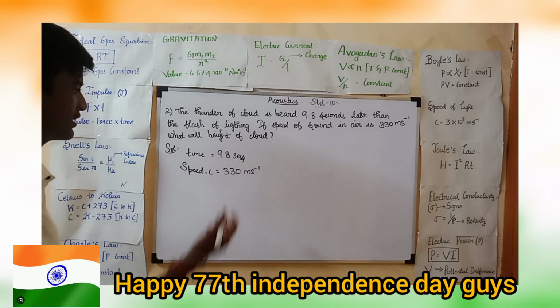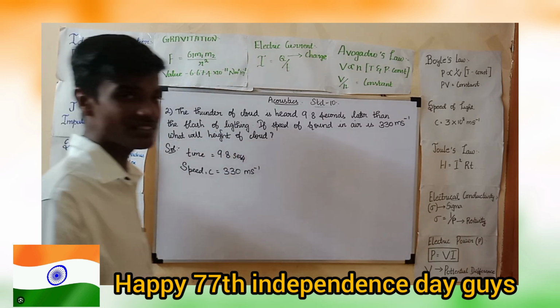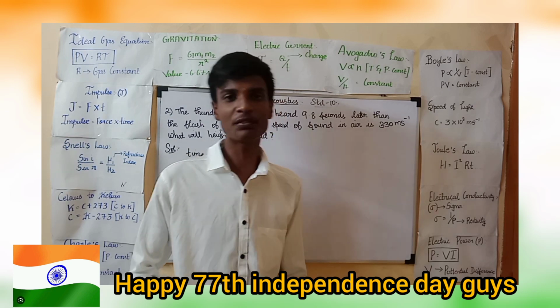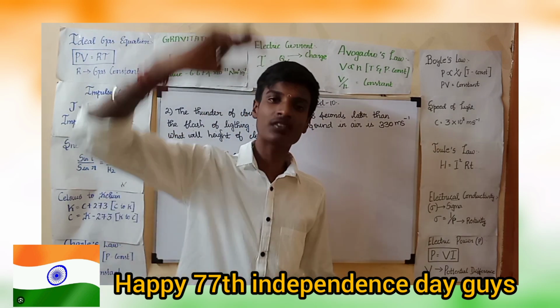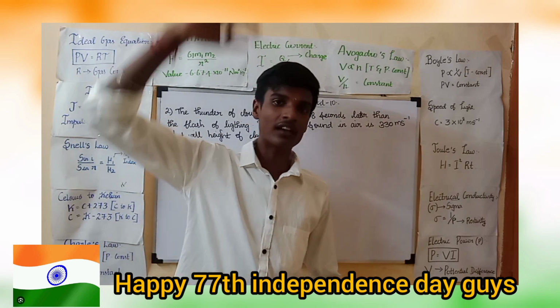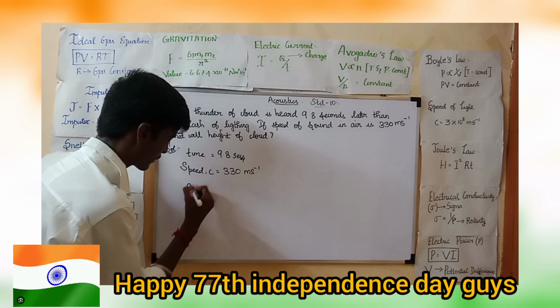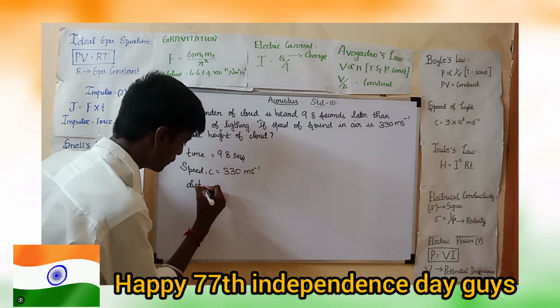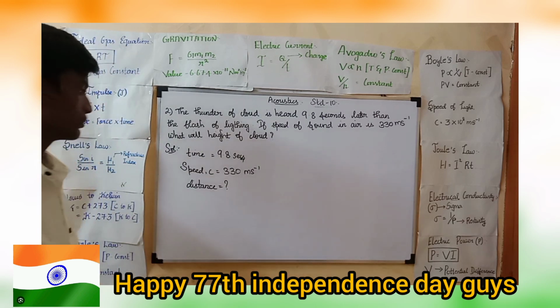What will be the height of the cloud? Height is otherwise called distance. This is the distance between the ground and the cloud. So the height of the base to the cloud is also taken as distance. We are going to find out the distance from ground to the cloud.